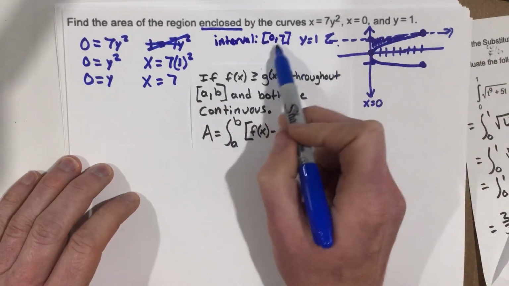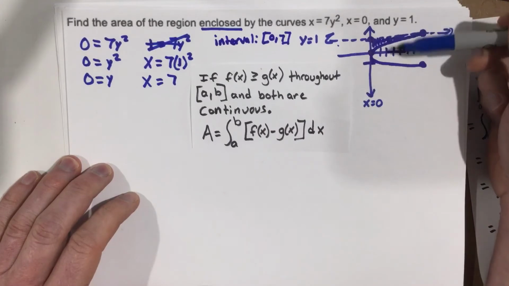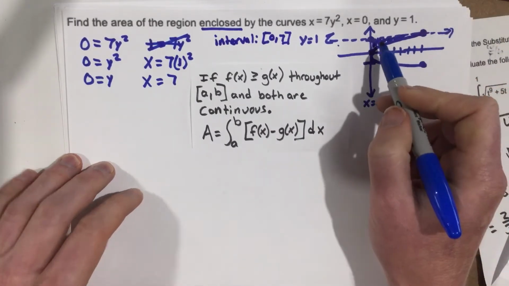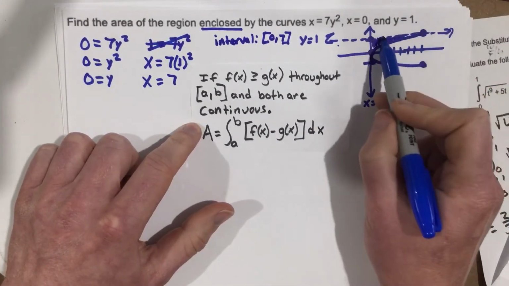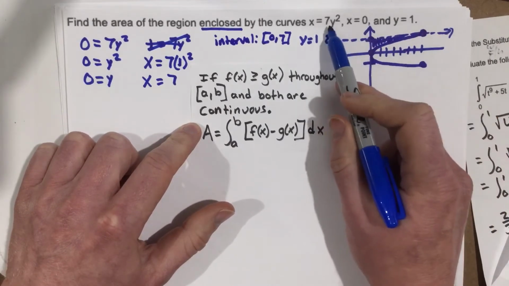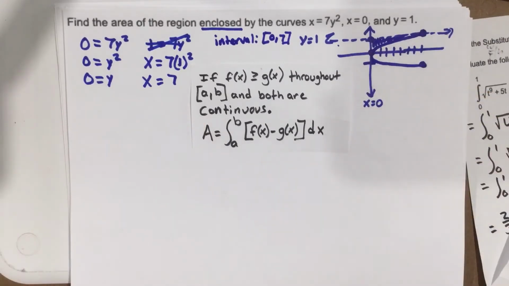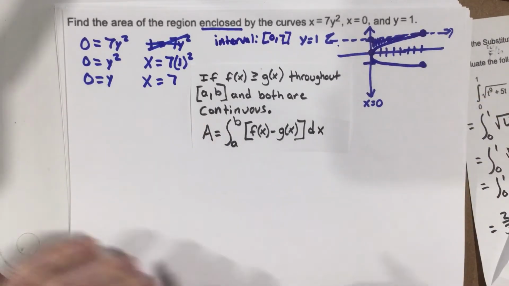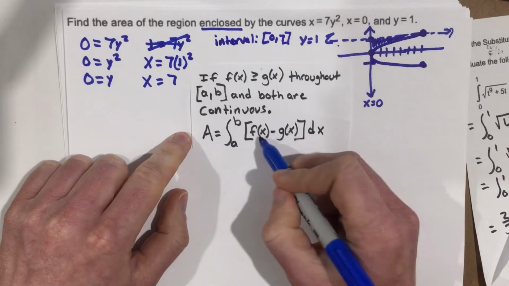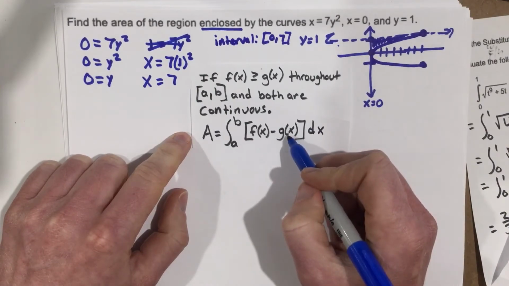That's taken care of in our interval. So we're really worried about a top function and a bottom function, where our top function is y equals 1, and our bottom function is x equals 7y squared. So we are going to subtract the two functions, f of x minus g of x.